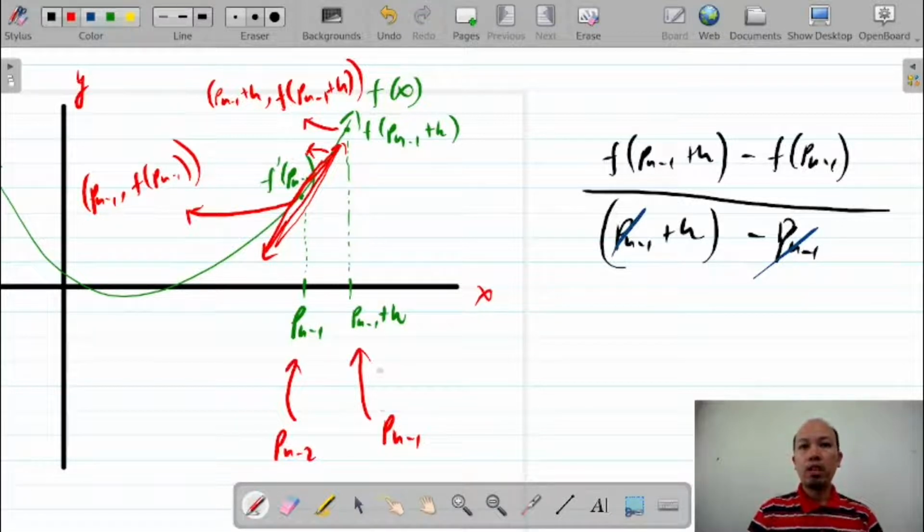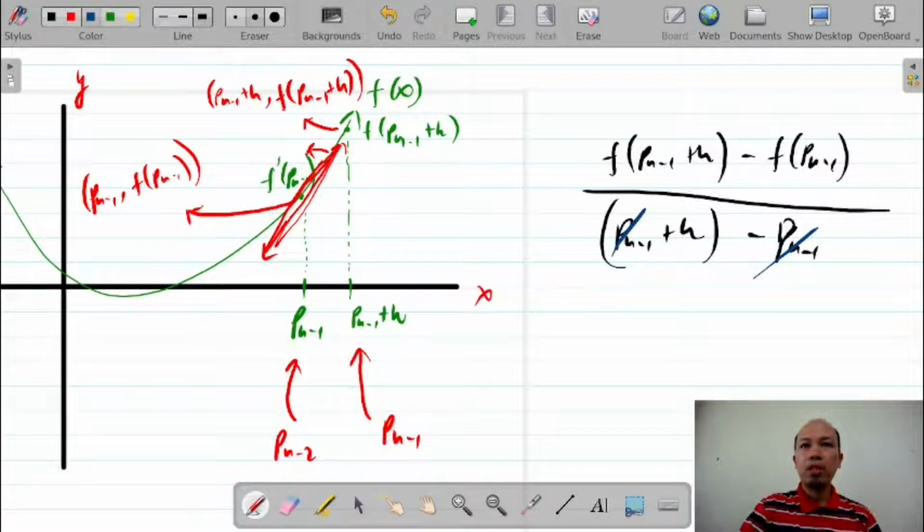So just like the way that we get this formula here, all you have to do is plug into the function. This is the new ordered pair.